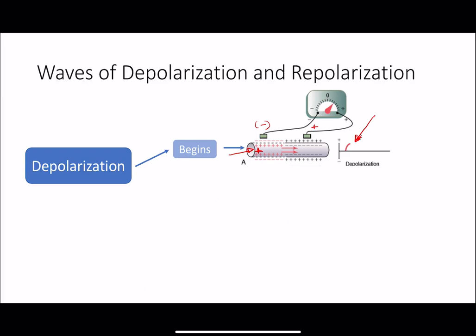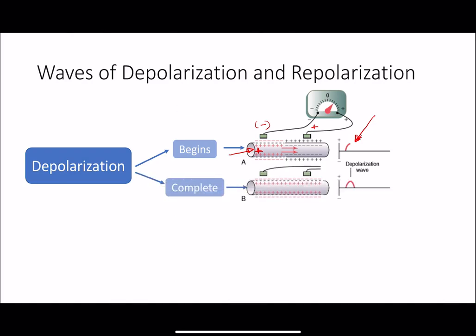When the entire piece of the heart, the whole depolarization goes through and every cell is depolarized, well, then it's positive all throughout. The whole inside of the cell is positive. The whole outside is negative. So now the exploring electrode is the same as the reference electrode. So your graph goes back to 0.